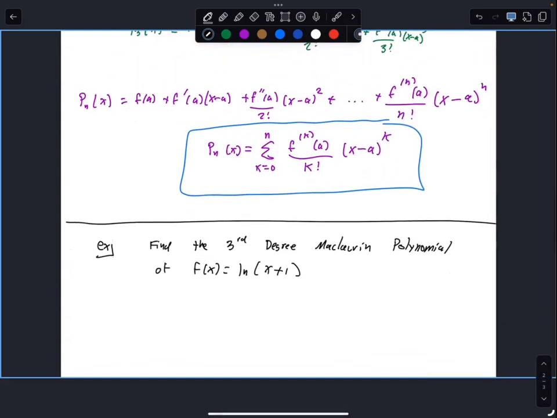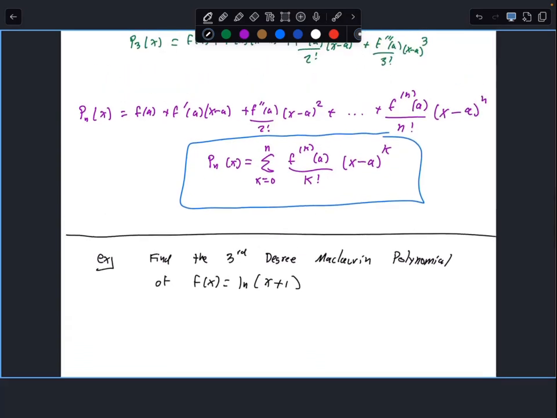We know what the natural log of 0 plus 1 is, the natural log of 1. It has to be some value that you can evaluate and calculate. We already have f of x, so let's find all the derivatives up into the third degree. F prime of x would be 1 over x plus 1.